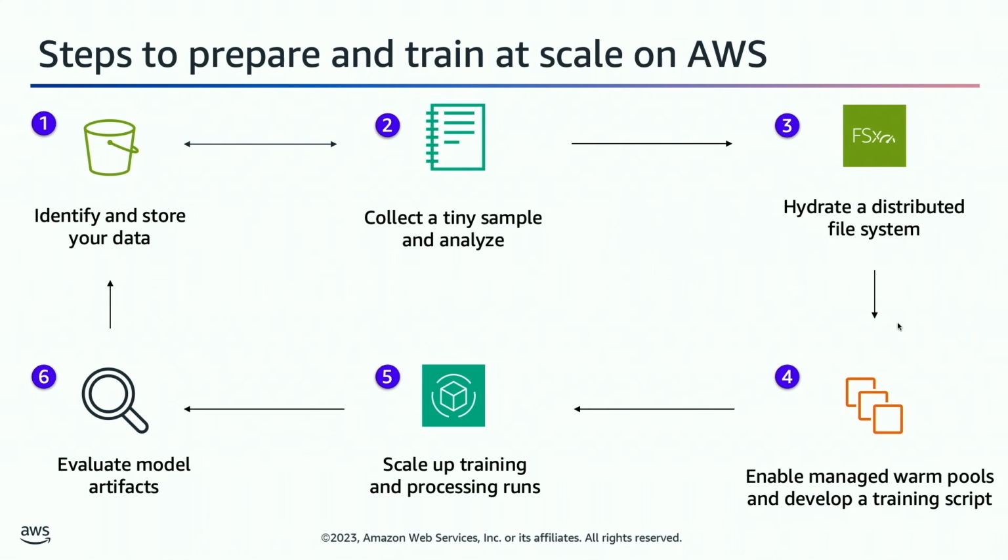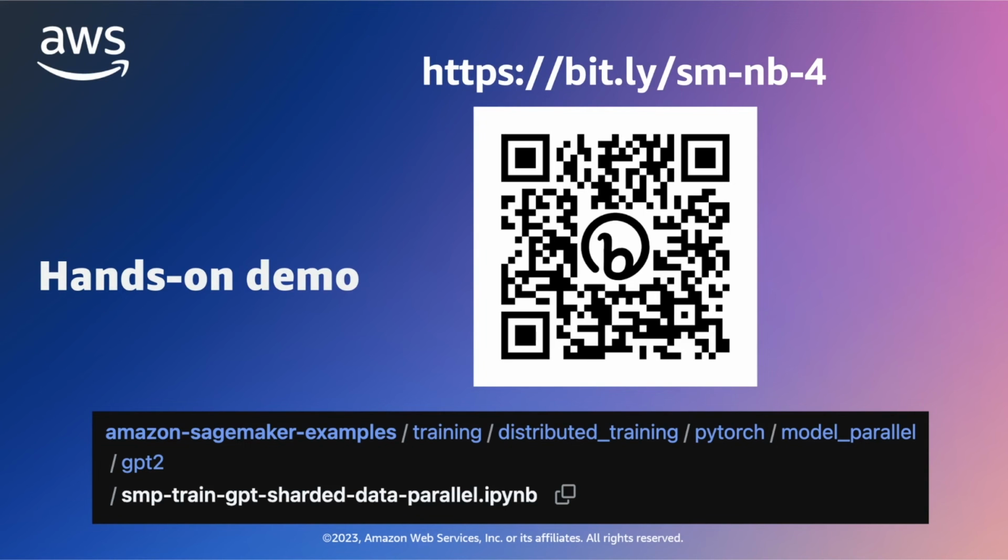We talked about mounting Lustre to the SageMaker training jobs, in particular using these managed warm pools to develop a training script. Then we learned about scaling up the training runs, so hitting that 20, 40, 60 node threshold. And then as always, take a look at your model artifacts and make sure they're doing the right thing. And with that, let's take a look at the demo.